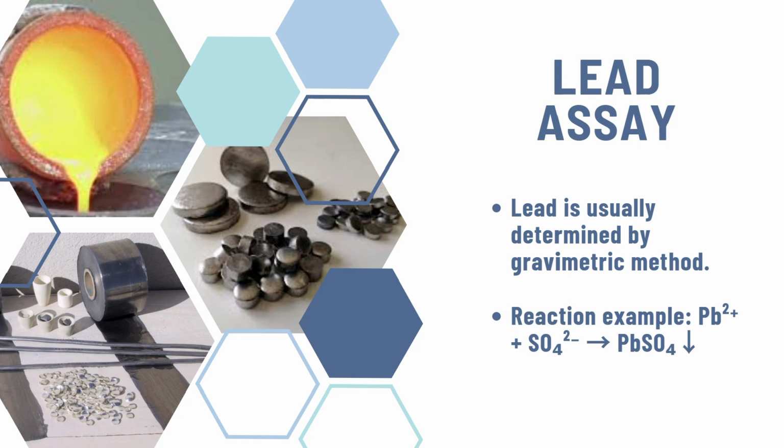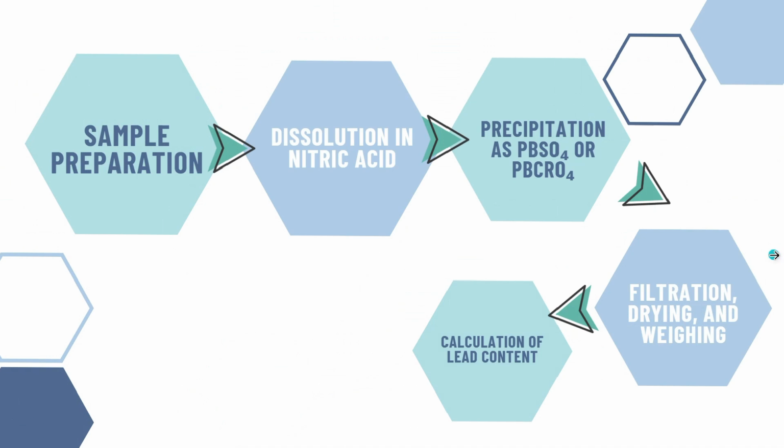Reaction example: lead ions plus sulfate ions yield lead sulfate, which precipitates as a solid. Here are the steps in lead assay shown in the flow chart.